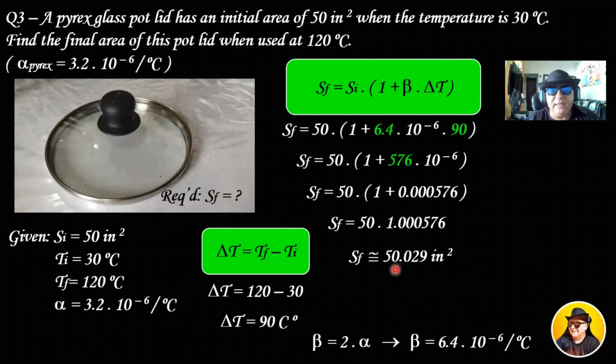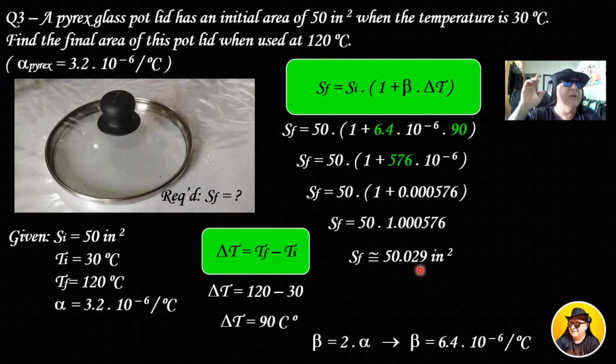Pay attention that the final surface is a little bit more than the initial surface, because there was an expansion. The initial surface was 50 square inches, and the final one is 50.029. This number is a bit more than the initial surface. Can you see? Very good.